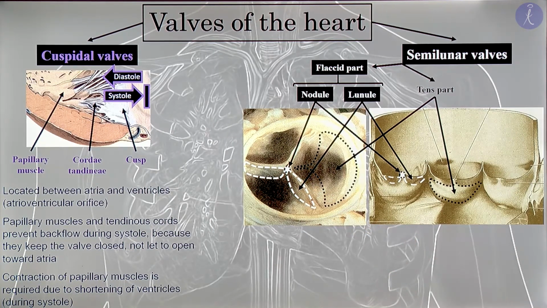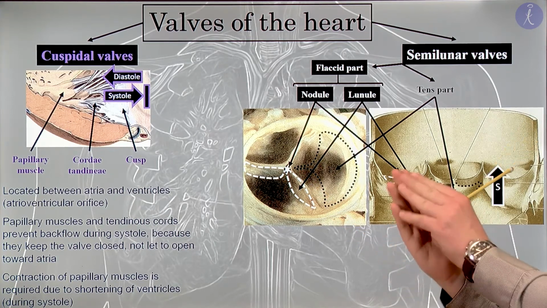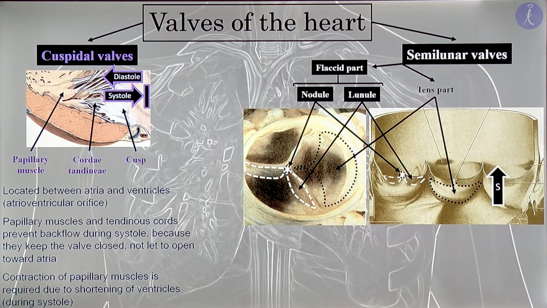How does this valve work? During systole, this is the ventricle and this is the large vessel. The ventricle contracts and simply pushes the blood outward, and it's not so hard to imagine that in this case the flaccid part opens and lets the blood upward, because the large vessels go upward.